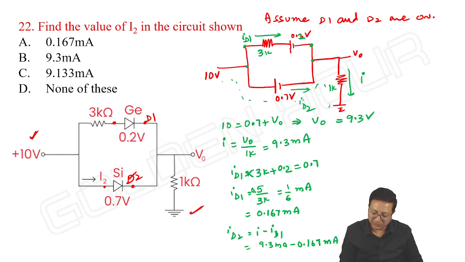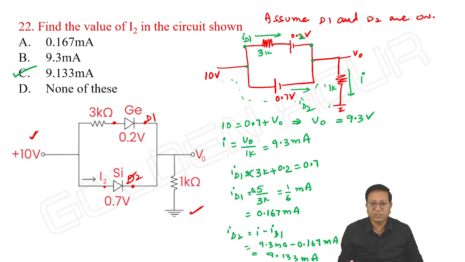So how much do we get? It is 9.133 milliampere. So option C is correct. Okay, that's it. This is how we can do this problem.